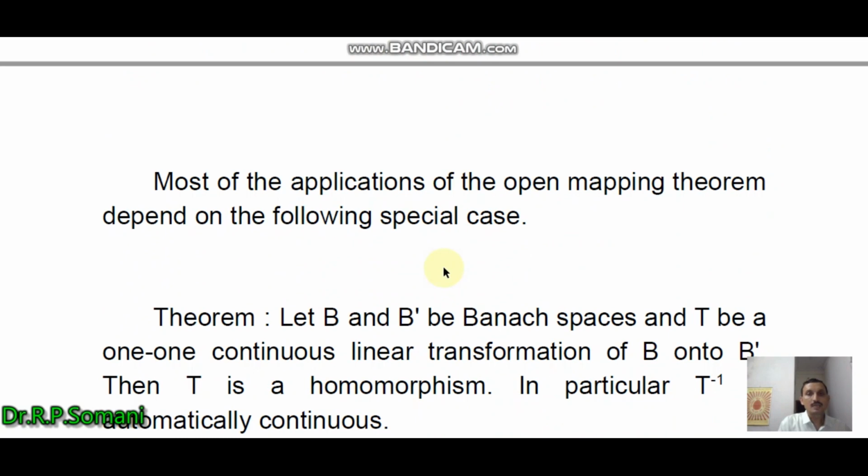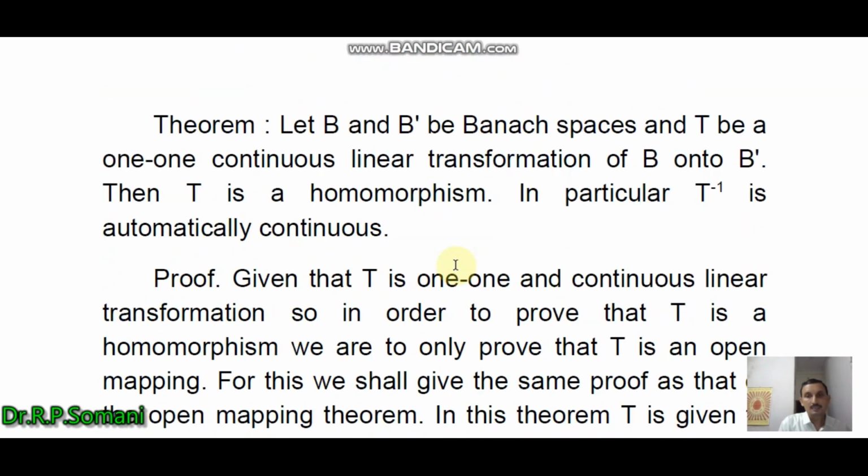Most of the applications of the open mapping theorem depend on the following special case. This theorem tells us: let B and B dash be Banach spaces and T be a one-one continuous linear transformation of B onto B dash, then T is a homomorphism, and in particular T inverse is automatically continuous.